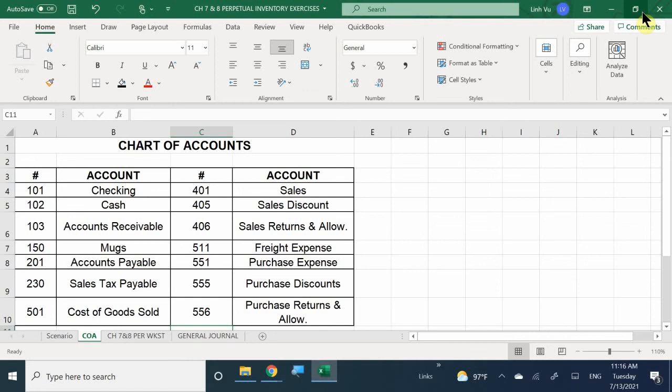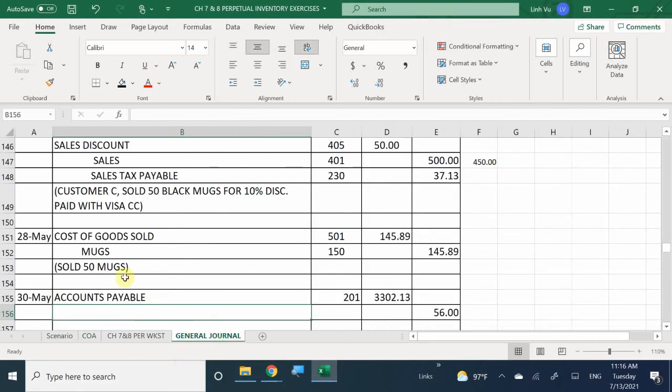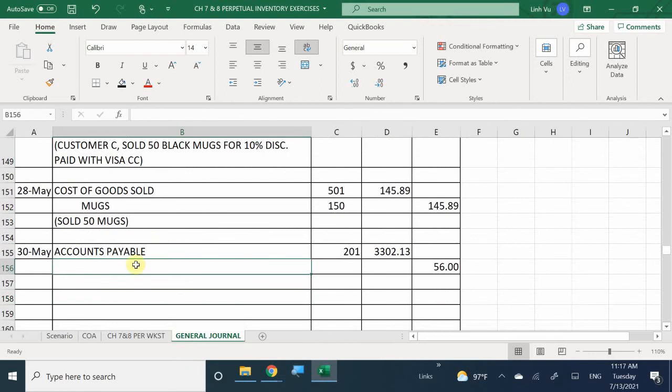In this case, where am I going to be taking everything out from? Mugs. You're going to take it out directly from inventory. So all discounts, returns, allowances, whatever you name it, it's all going to come right out of inventory because that's where we placed it.